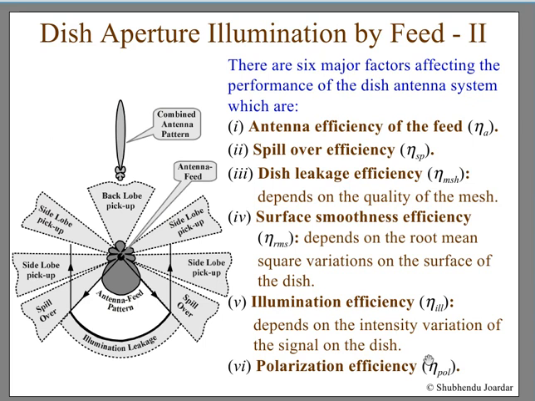Polarization efficiency is something like, ideally, if you have an antenna which is very good and receives the polarization very well, so if you are putting it in the X to receive the X polarization, then any component from Y polarization will not get into it because they are orthogonal. But actually, it doesn't happen like that. There is always some leakage of polarized power into the other antenna, and that reduces the polarization efficiency.